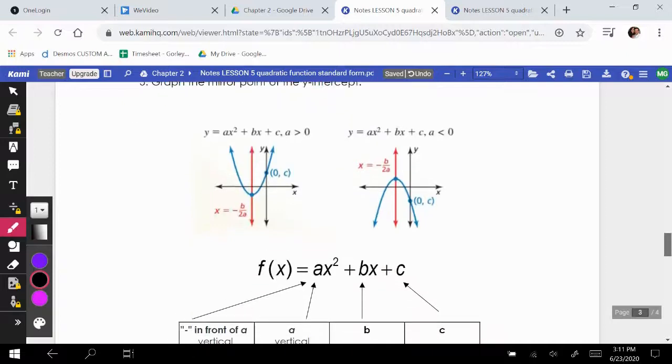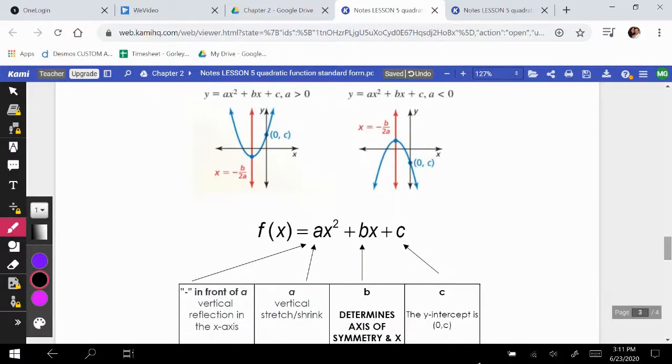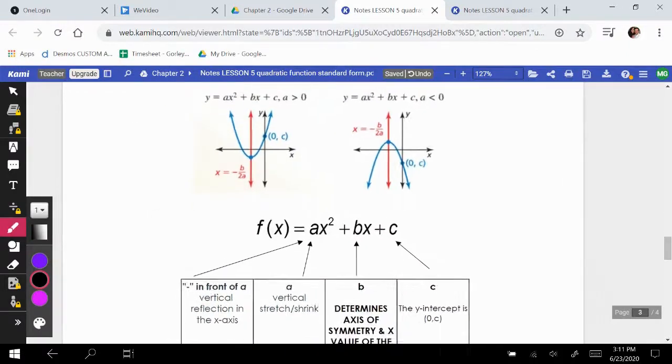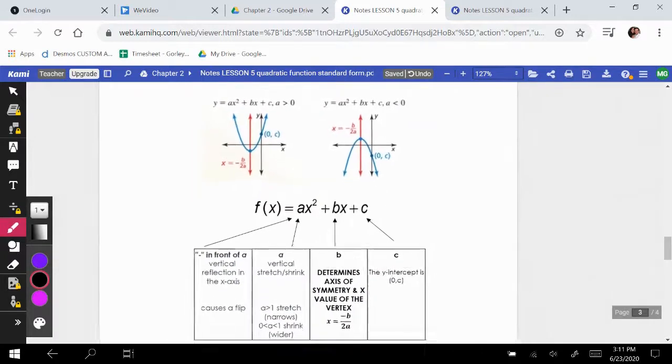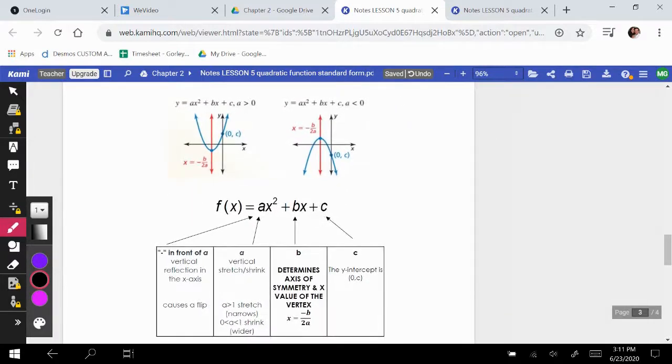All right, so let's see this in action. Again, just another review picture. You can see in this review picture how the axis of symmetry is negative b over 2a. You can see how the y-intercept is 0, c. All right. The negative in front of a is still going to represent a vertical reflection and cause a flip.